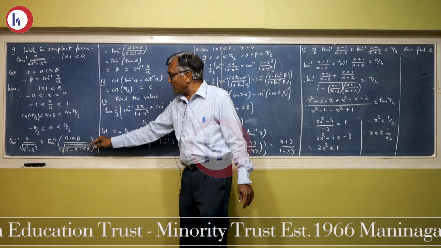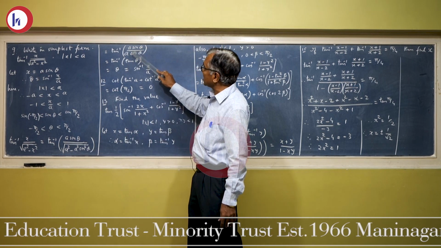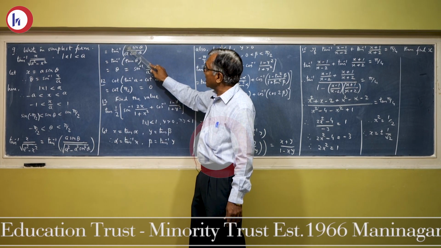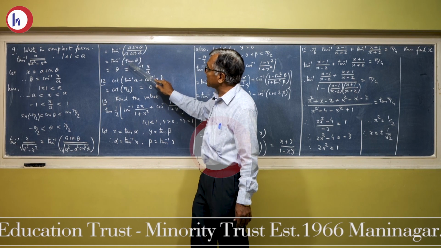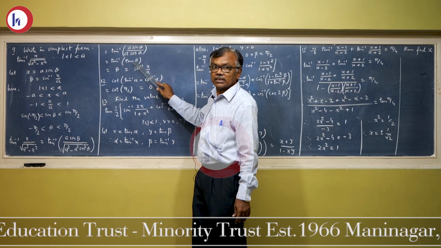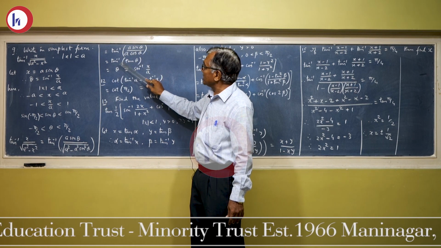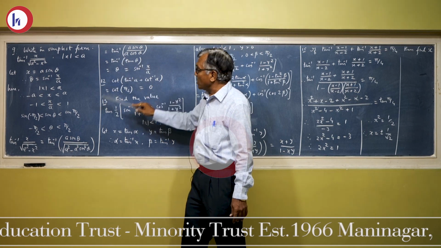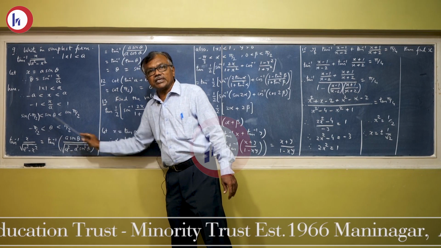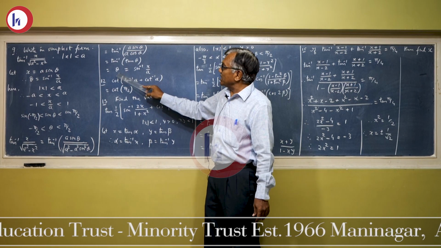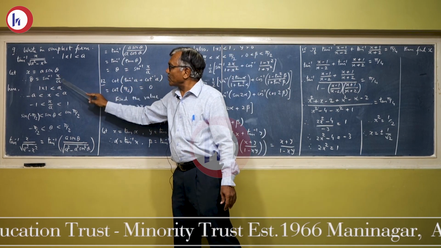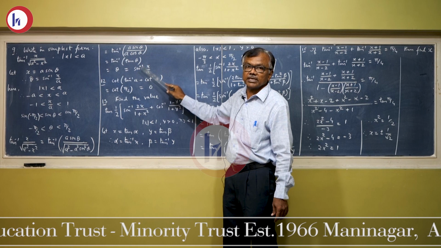So this bracket is a sin theta upon a cos theta. A cancel, sin upon cos, that is tan. So tan inverse tan theta equals theta, because theta is in the range of tan inverse. And what is theta? Theta is sin inverse x upon a.